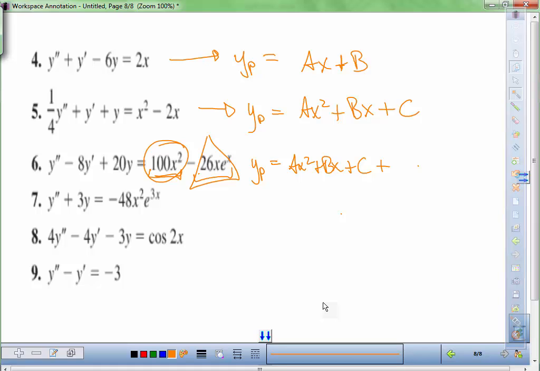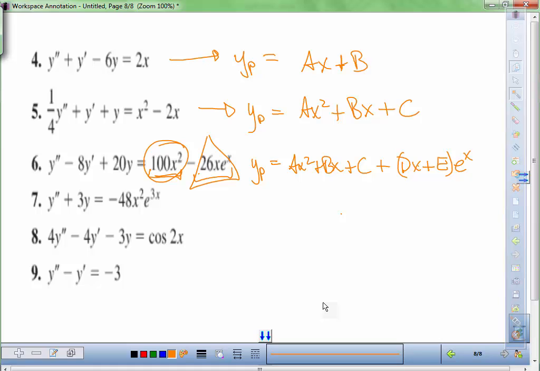I don't know how they write it in the book, but I would write it like this: Ax plus b, or no, I can't use a, b, and c anymore, so I'm up to d. Dx plus, well, it comes after d, e. Dx plus e times e to the x.